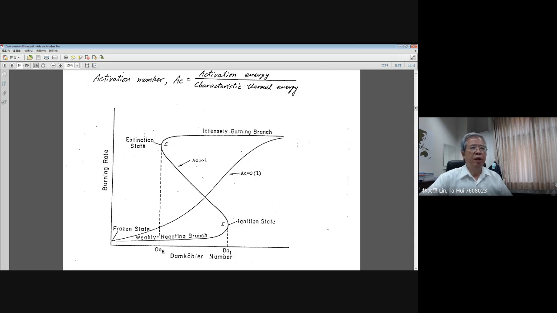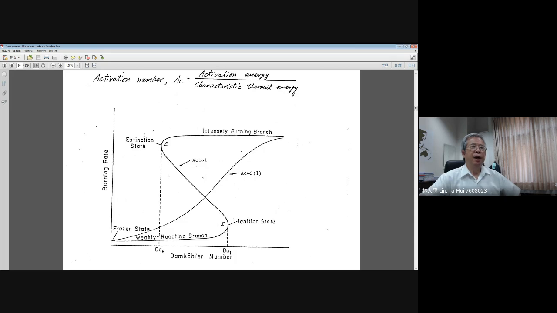You bring the upper branch and the lower branch together by this intermediate branch. But anyway, in reality, for this S curve, there are two turning points. The turning point in the lower part is used to determine the ignition possibility, and the upper one is for extinction.